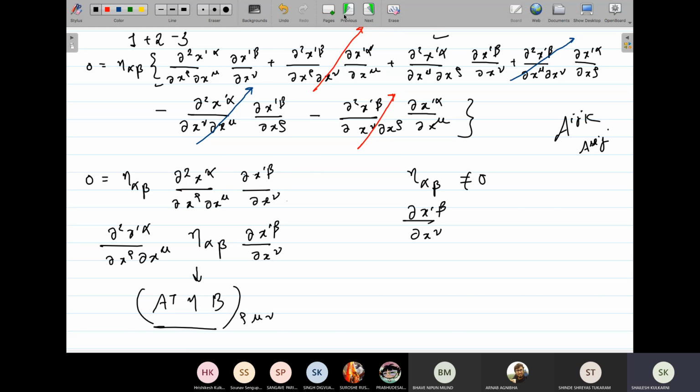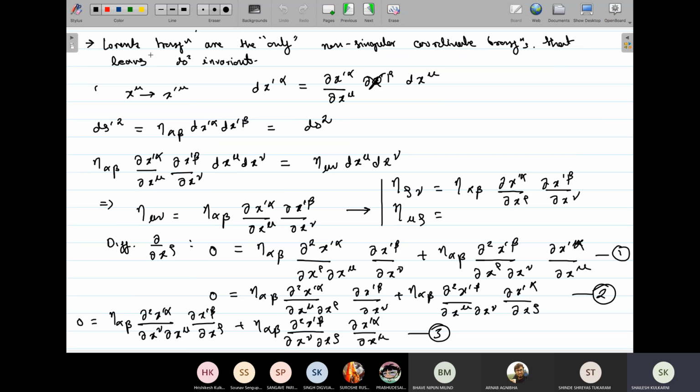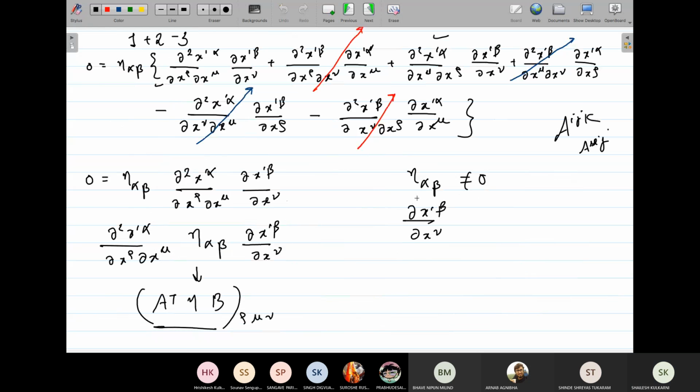What is our assumption? You go back. Lorentz transformations are the only non-singular transformations, right? Non-singular means as a matrix its determinant is not equal to 0. Clear? And this should hold for any indices.